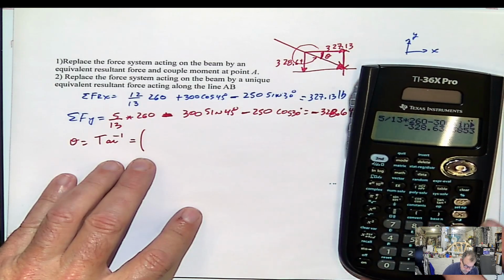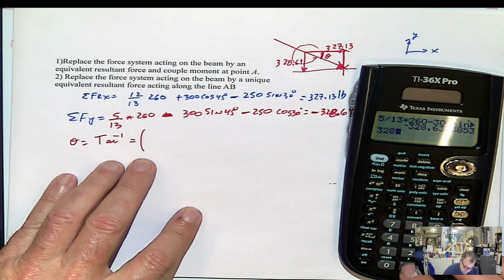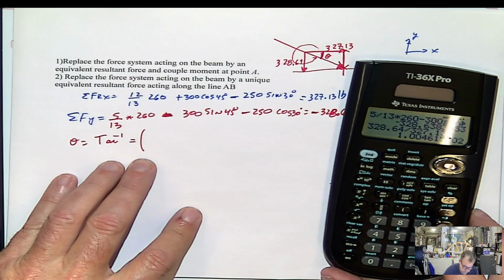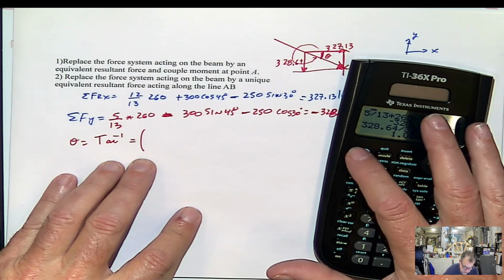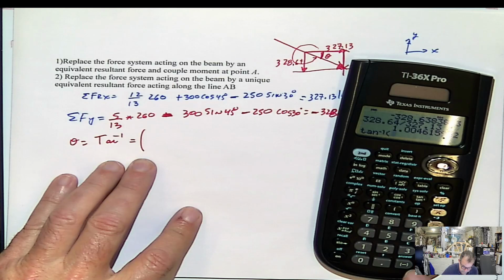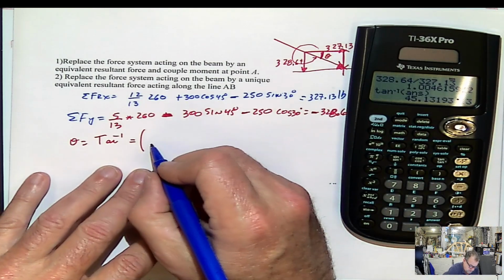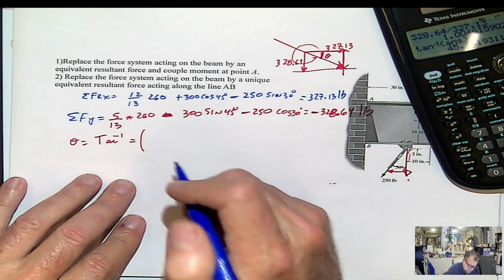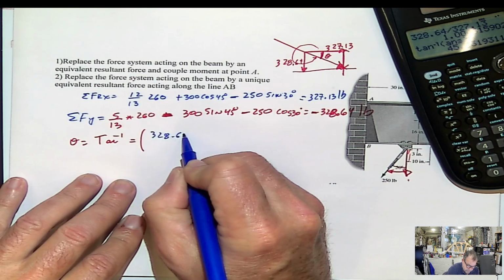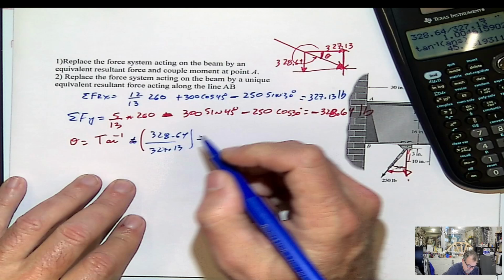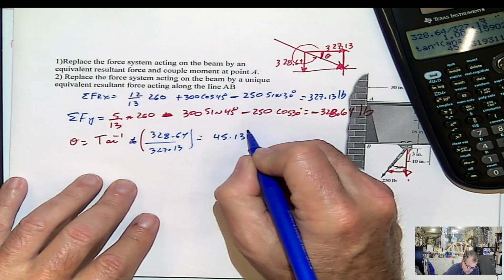So that will be 328.64 divided by 327.13, and then inverse tangent of that, and I get 45.13 degrees. That's the angle.